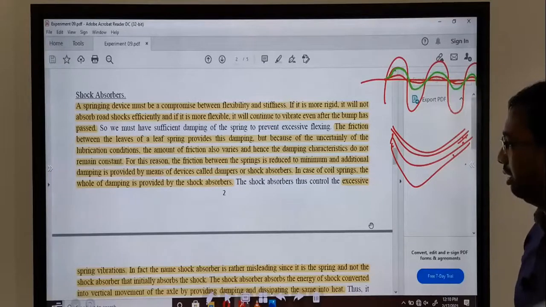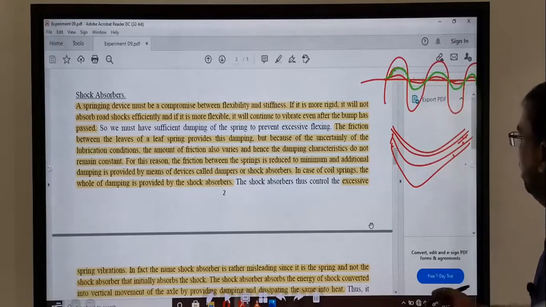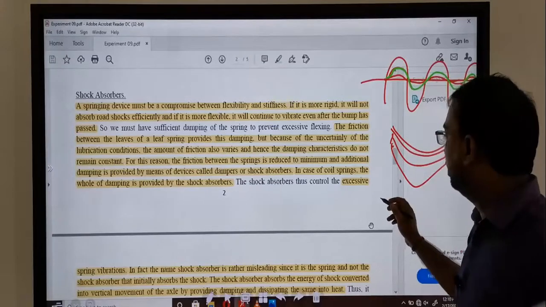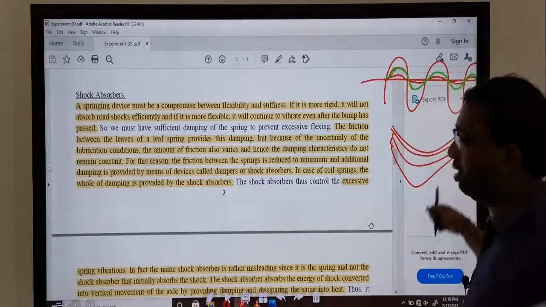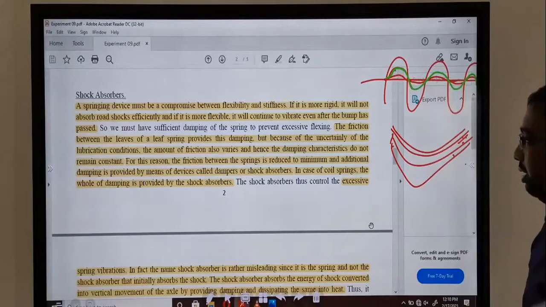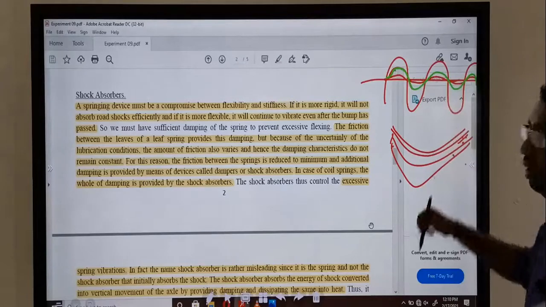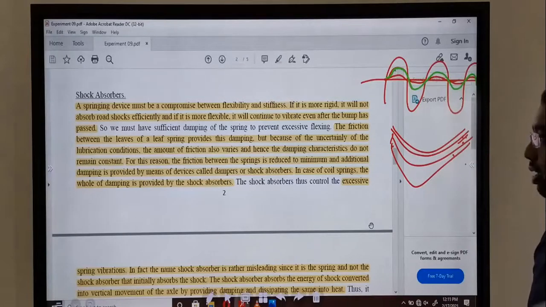Just think of the coil springs, additionally with the coil springs, because here the damping characteristic is changed by the friction, the uncertainty of the friction. So here the shock absorber is used to assist in maintaining the damping.